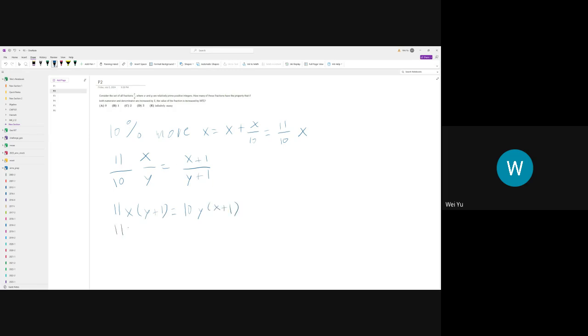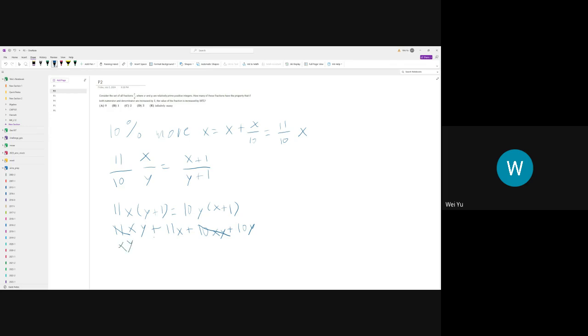So we'll expand this and then cancel out 10xy. Now we're going to use Simon's favorite factoring trick.